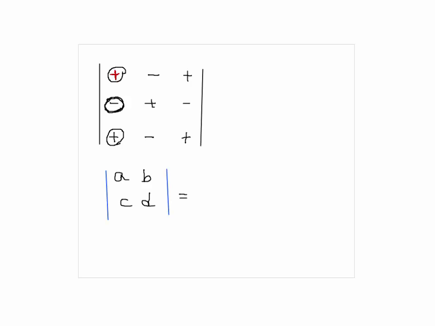Type your answer, please. Arden, looks like you're typing. Everybody, please type the answer. How do you write it? It would be AD. Very good. It would be AD minus BC, right?